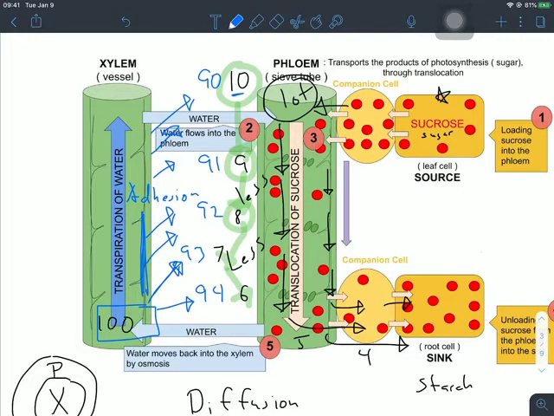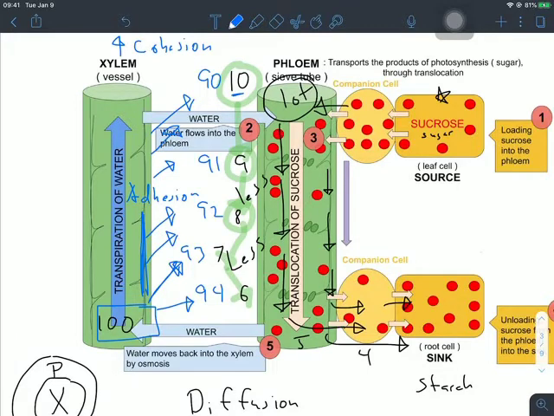Not only is transpiration helping pull the water up by the property of cohesion, because remember, the water is being pulled out of the stomata of the leaves through cohesion, but you've also got adhesion and diffusion working to pull the water up. And think about how forceful this is. It's beating gravity.